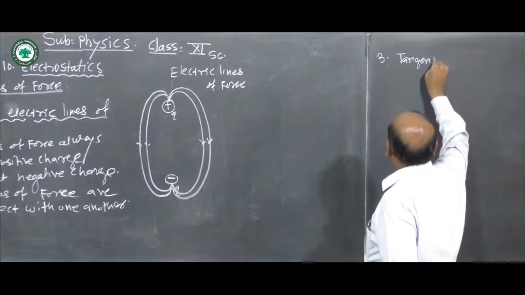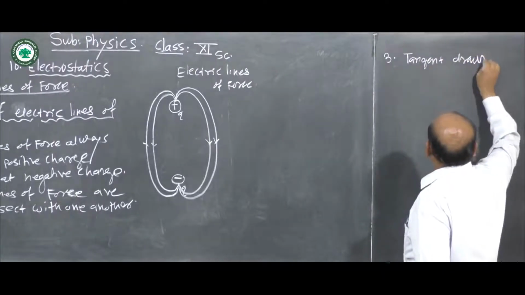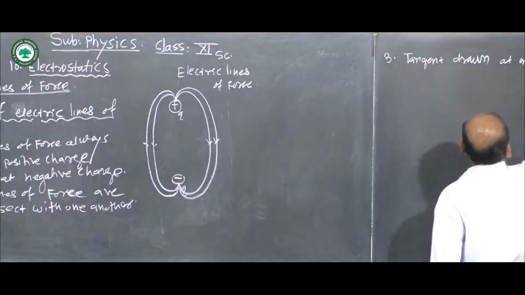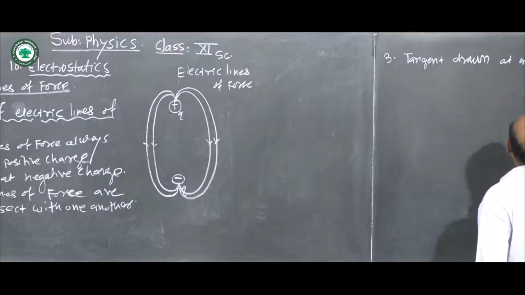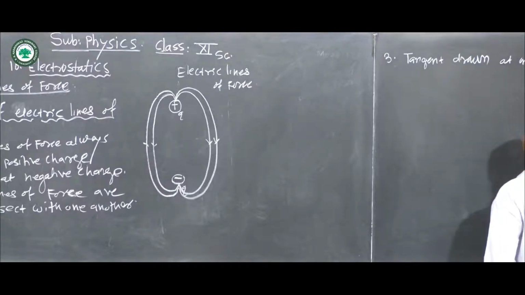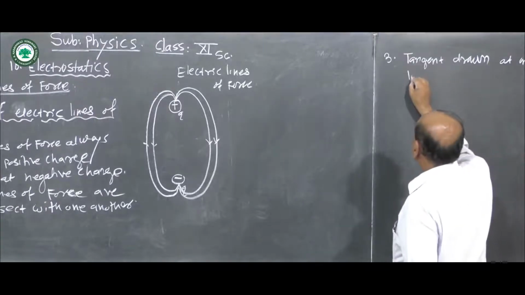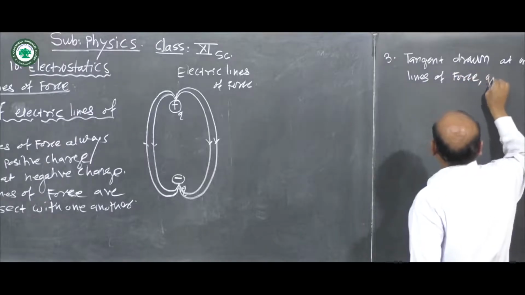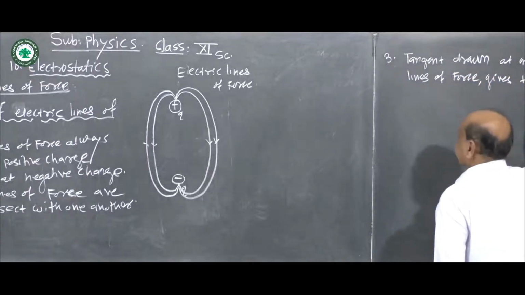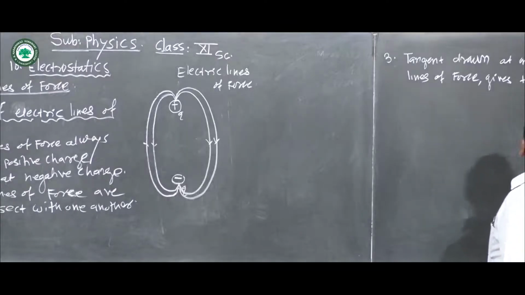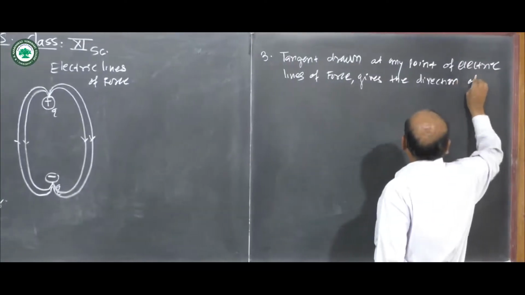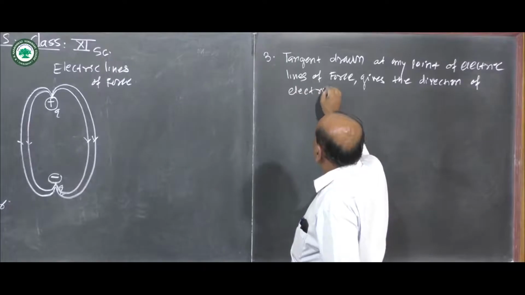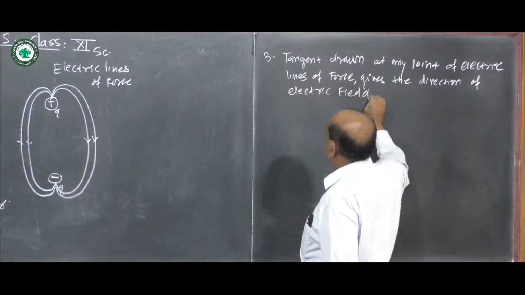A tangent drawn at any point of an electric line of force gives the direction of the electric field.